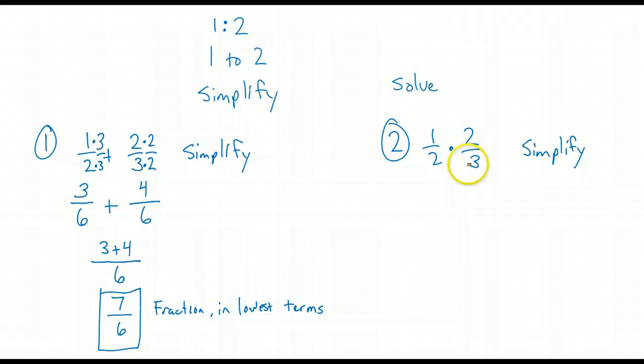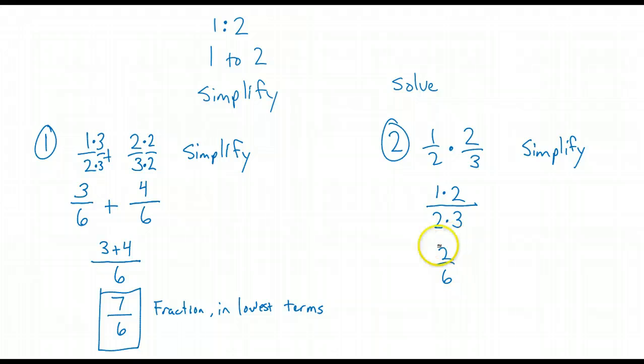To multiply fractions, I multiply straight across. So I'm going to multiply my numerators together. 1 times 2 over 2 times 3. So I end up with 2 over 6.